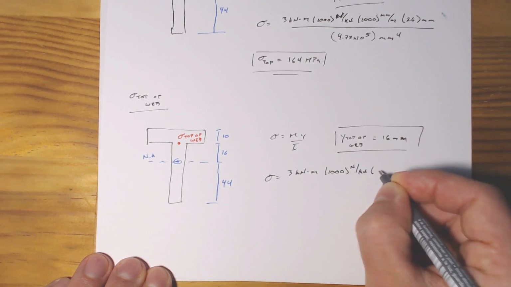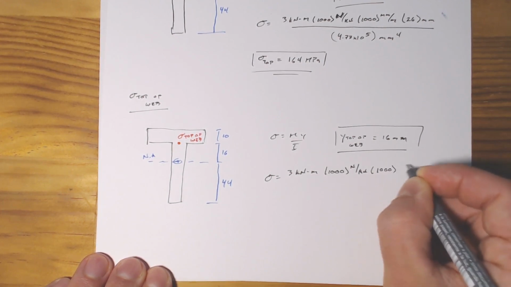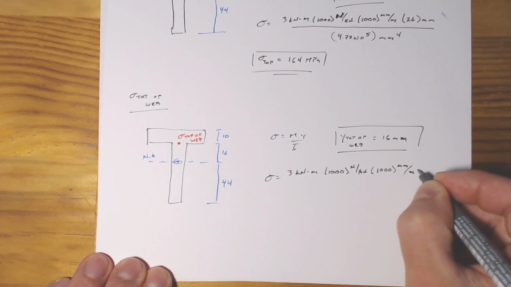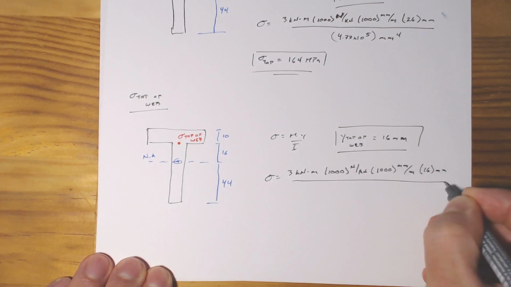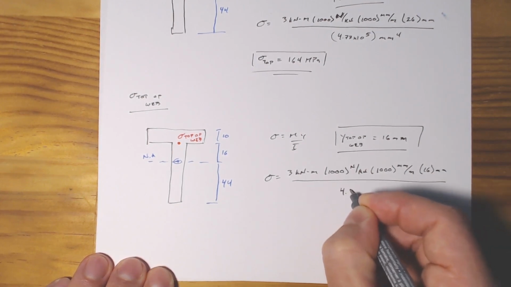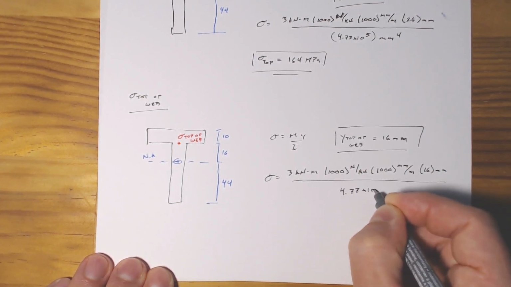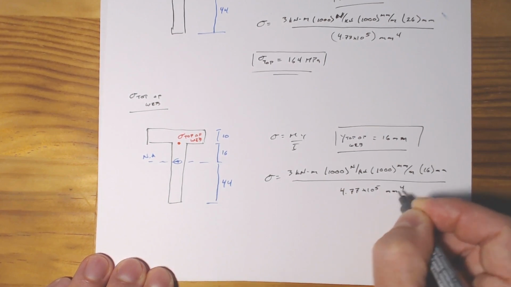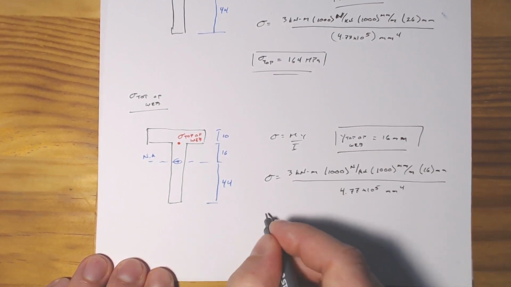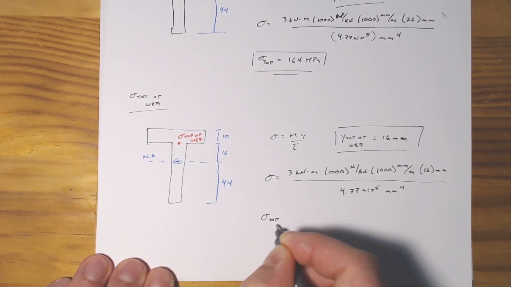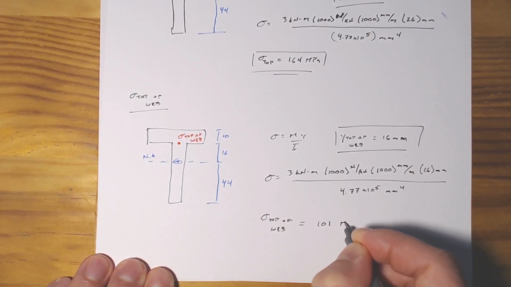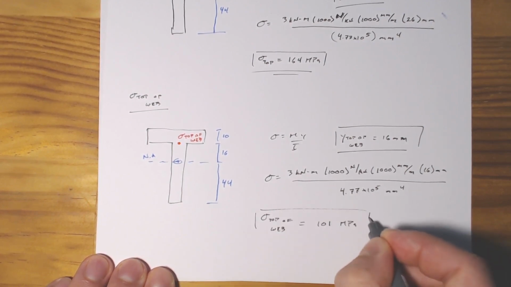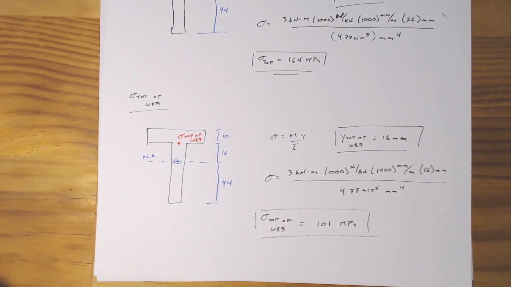So 1,000 newtons per kilonewton multiplied by 1,000 millimeters per meter times y top, which is 16 millimeters, all divided by our moment of inertia, which is 4.77 times 10 to the 5th millimeters to the 4th. And if we crank through all of that, we get our stress top of web is simply equal to 101 megapascal. All right, well, that's handy.